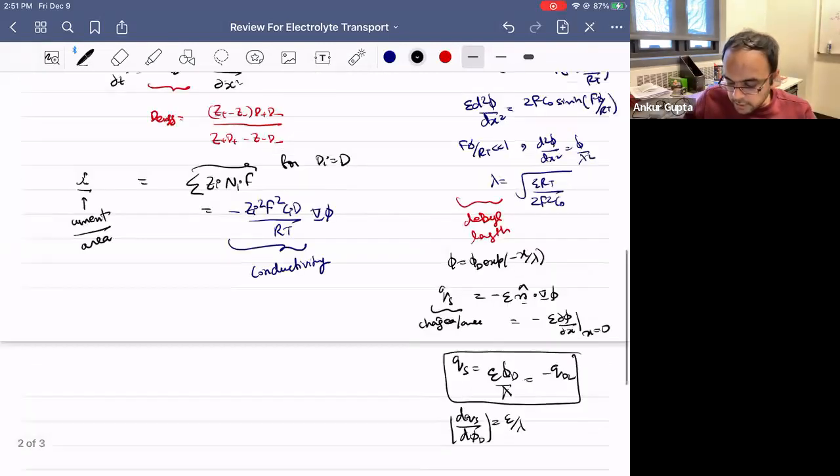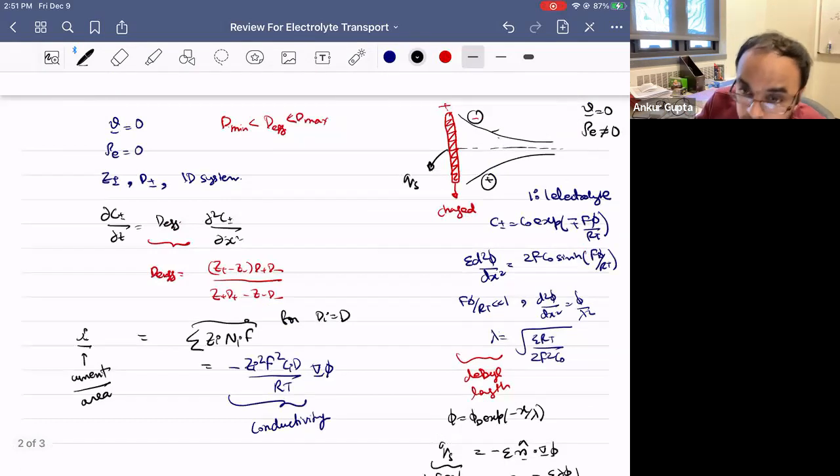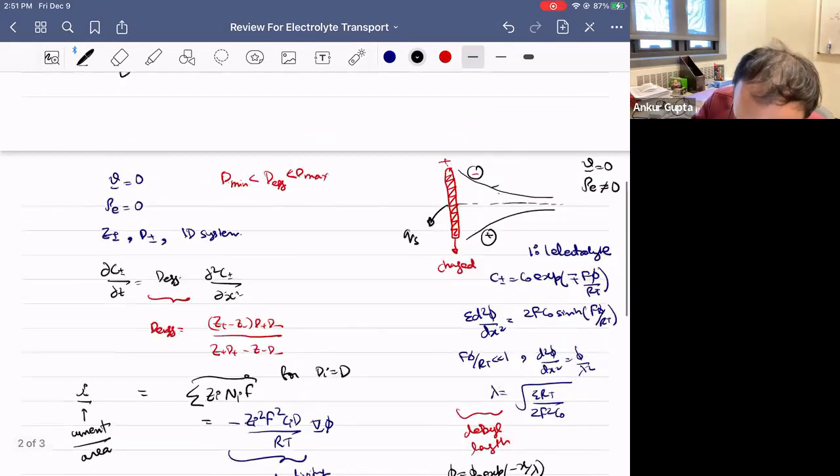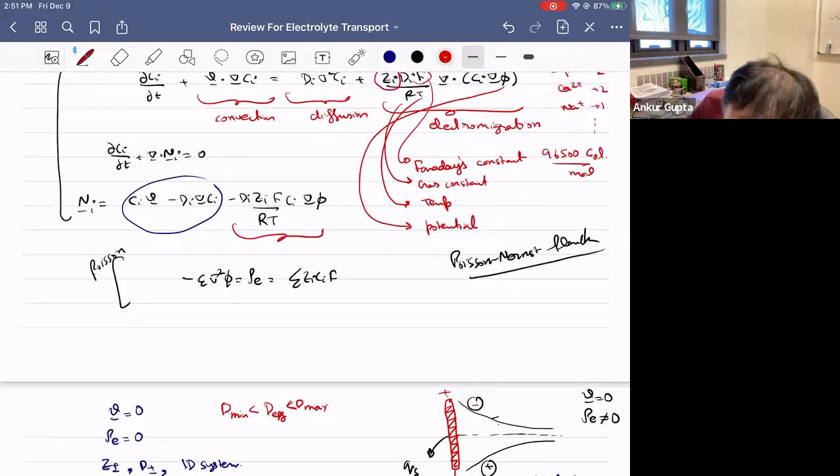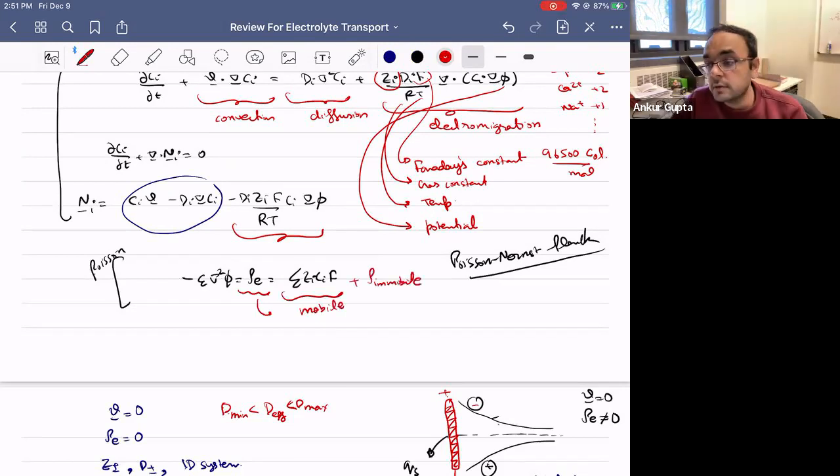Now, some important things to note: the charge in this equation could be the mobile charge, but I can have some immobile charges as well, as you have in your homework 5 problem 3. So practice that.